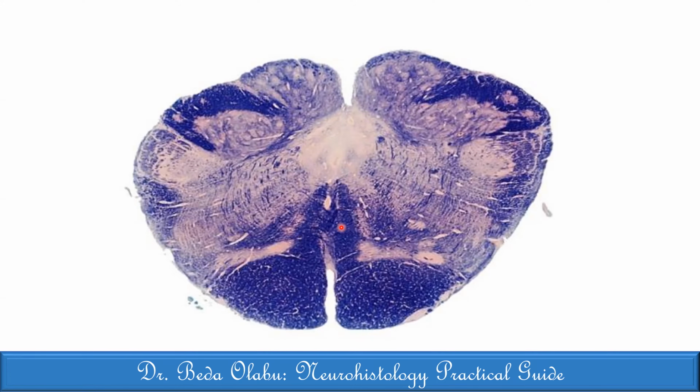They've not crossed. The rest of the structures are honestly, I don't know. I can only see the medial longitudinal fasciculus and those distinct pyramids. I don't know the rest of the structures.